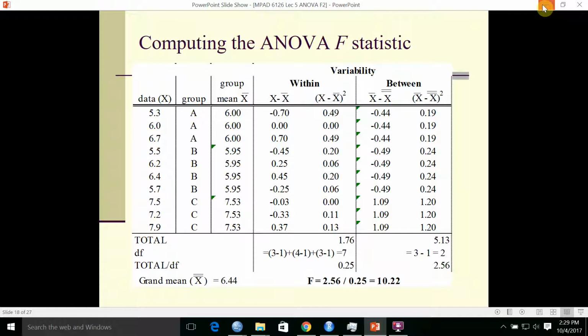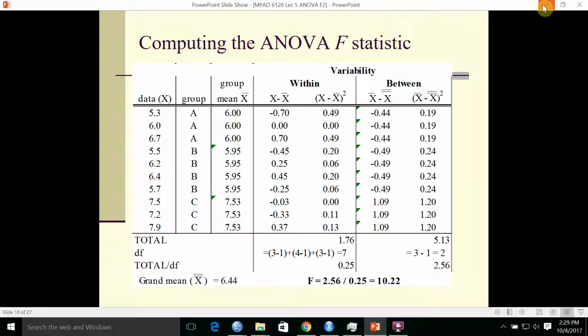So if we calculate the between variation, x bar minus x bar bar, or the group mean minus the grand mean, that means 6 minus 6.44 is negative 0.44.